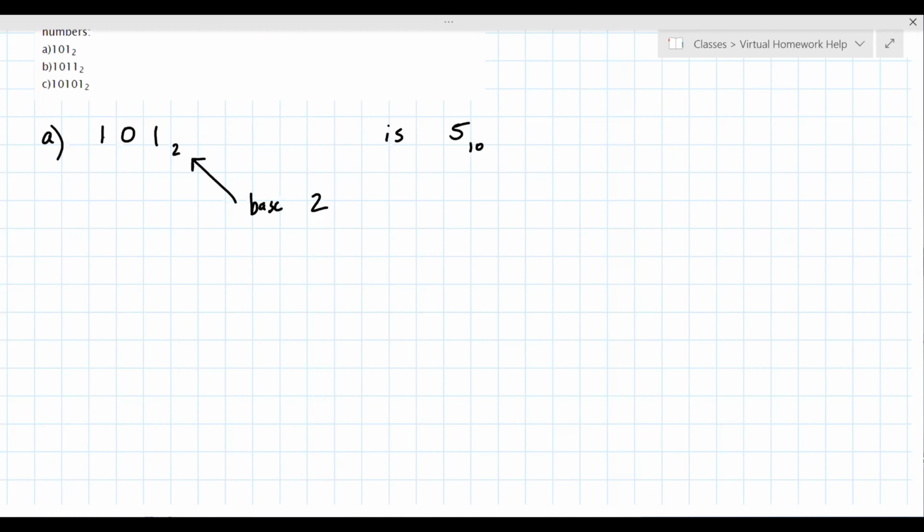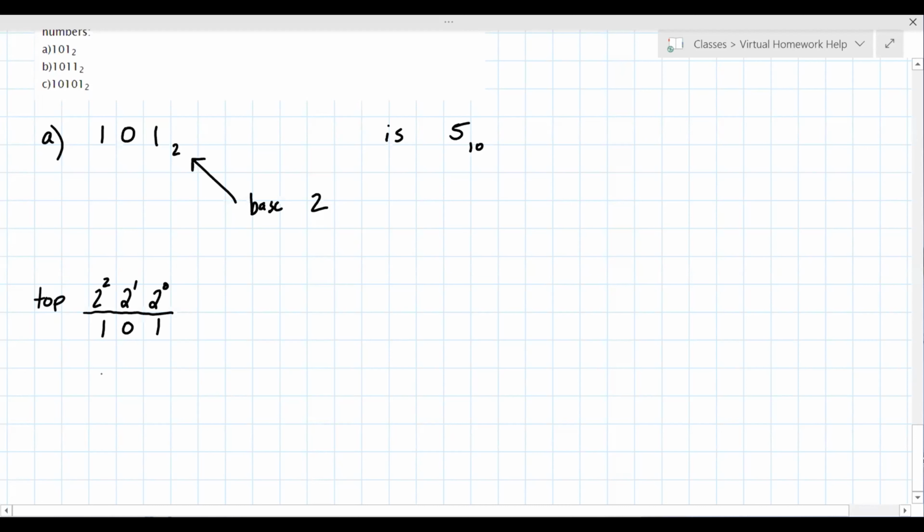So it's a little bit odd, but I'm going to write the number 101. This is the 2 to the 0. This is 2 to the 1, and this is 2 to the 2. Okay, so these are your exponents. So you take this top number, 2 squared.